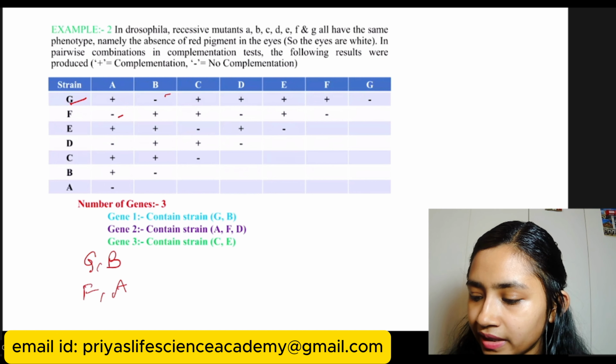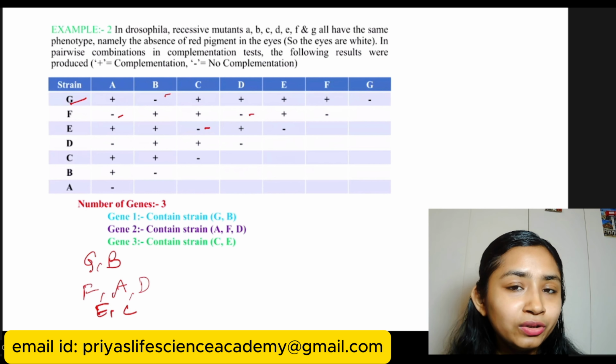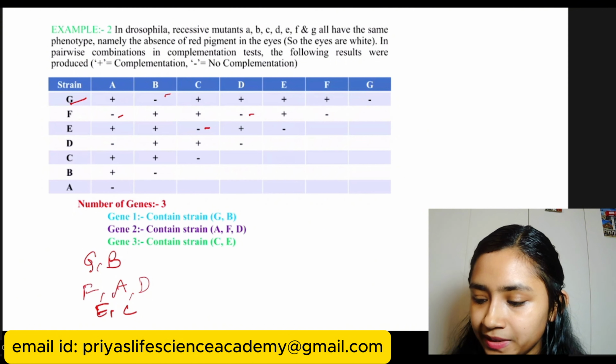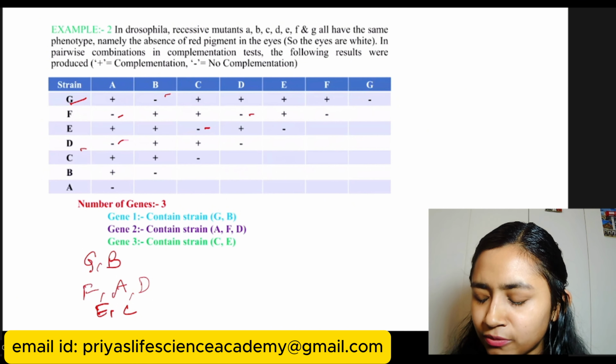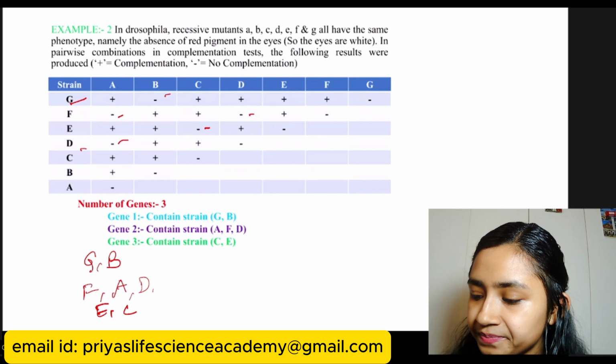FA, FD, then E, C. So first of all you have to write the genes which are on the same chromosome. That will be easy. So F, A, D on the same chromosome we have previously written.